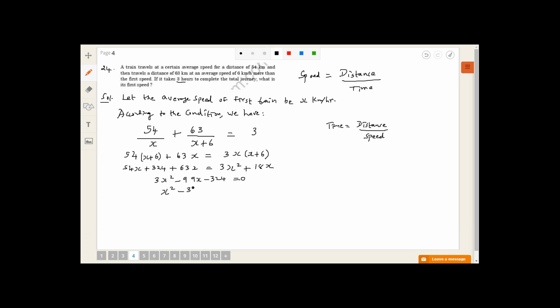Dividing the equation by 3, we get x squared minus 33x minus 108 is equal to 0. Now splitting the middle terms, we get x squared minus 36x plus 3x minus 108 is equal to 0.